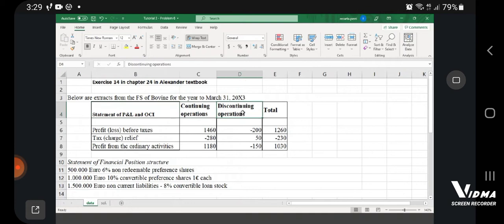Now remember that IAS 33 requires both basic and diluted earnings per share to be calculated separately and disclosed separately for continuing and for discontinuing operations.